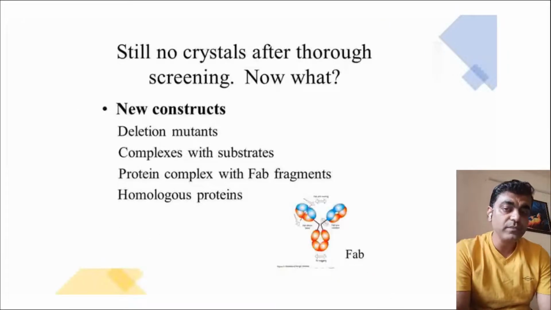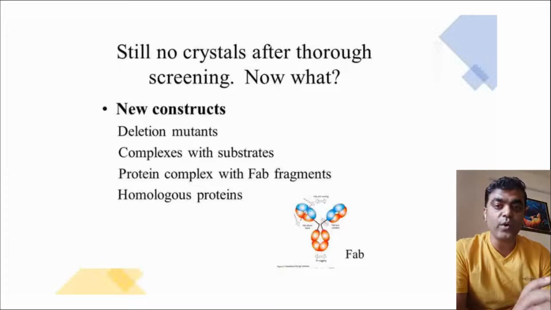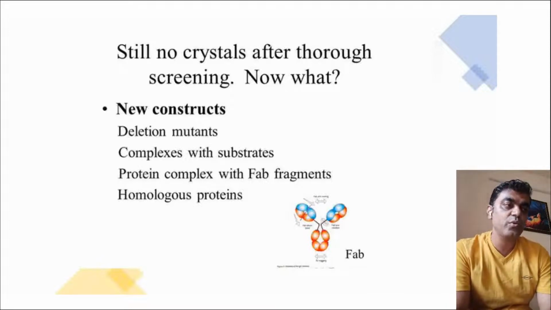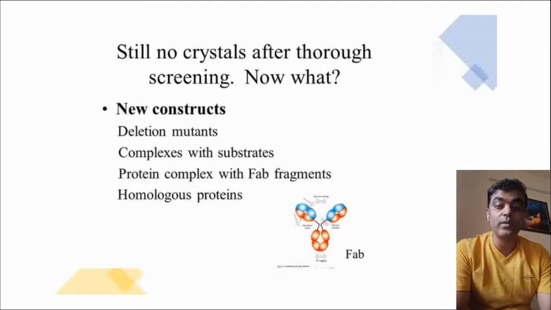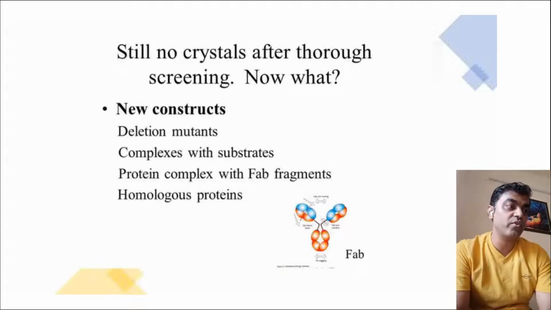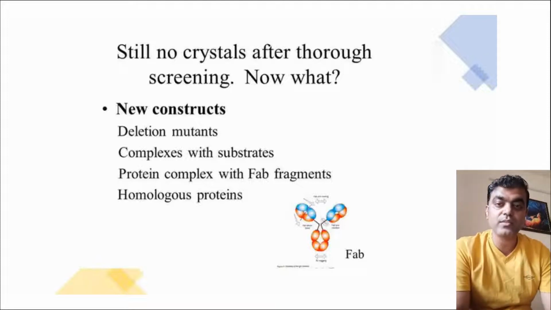Suppose after doing all this exercise you are still nowhere near getting a perfect crystal, or the nucleation process has not even started. What do you have to do? You have to try new constructs, deletion mutants. You have to see what complexes it forms with substrates.